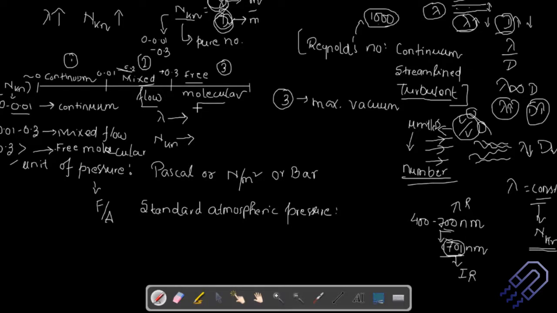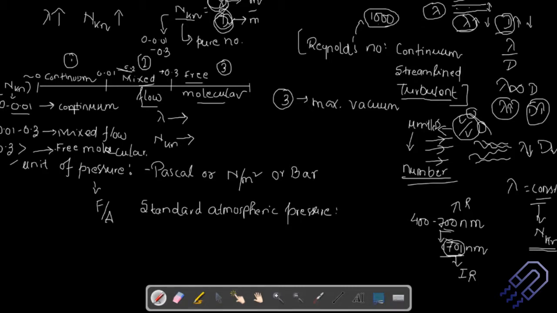In simple words, free molecular means the mean free path is more. If the mean free path is less and a bit constrained, we call it mixed flow. And if it is very much constrained, meaning within milliseconds or microseconds it is colliding, that means we have too many gas molecules in the system, and we call it continuum.